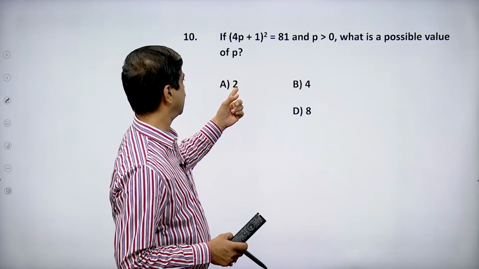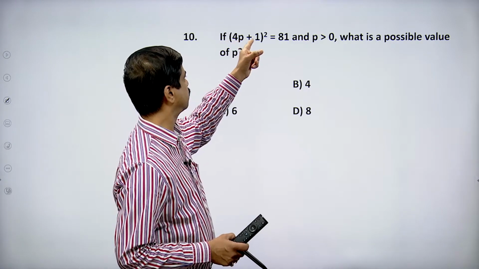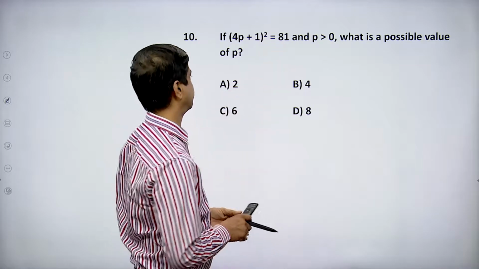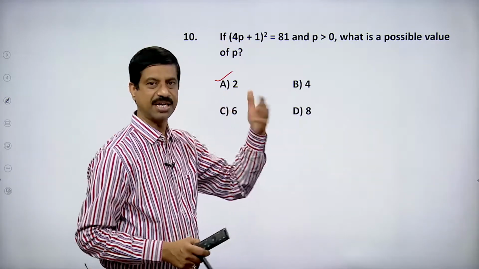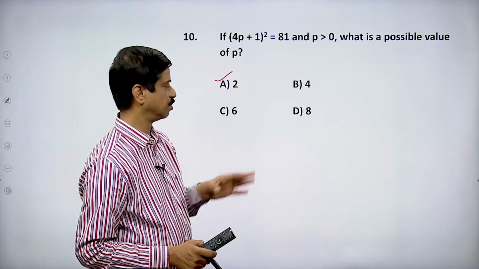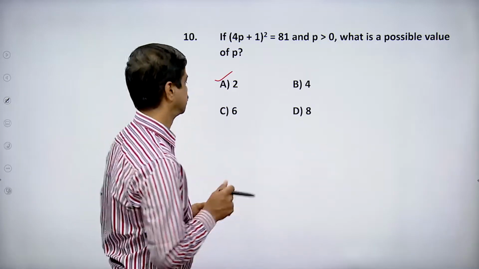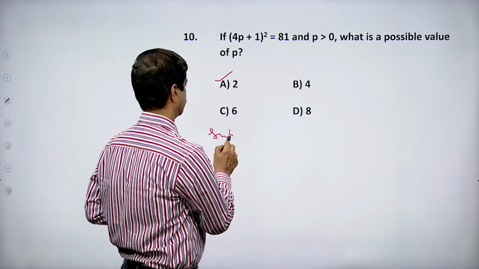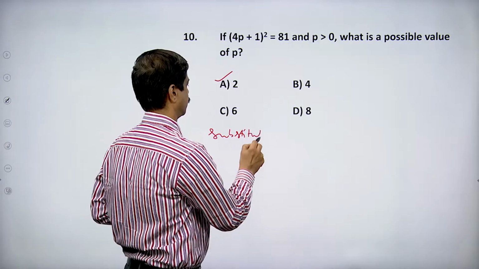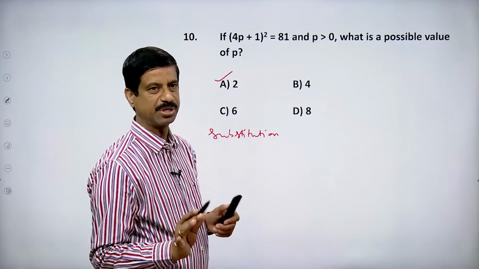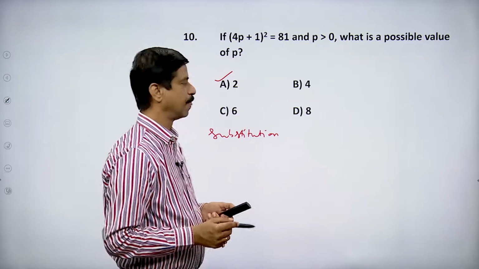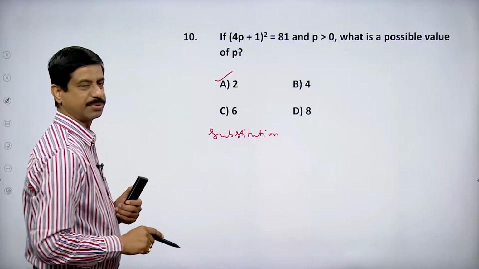If you take p as 2, 8 plus 1 is 9, 9 square is 81, finished, answer is 2. These are all higher values, so definitely they cannot be the answers. So please note it, simple substitution. I don't solve anything, I simply substitute and see which is the answer, okay. So we got option A.